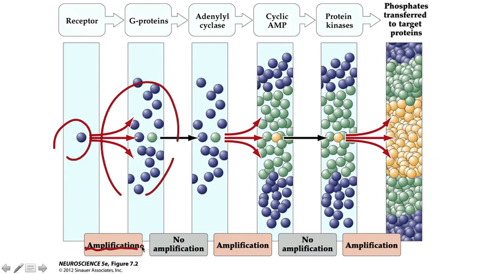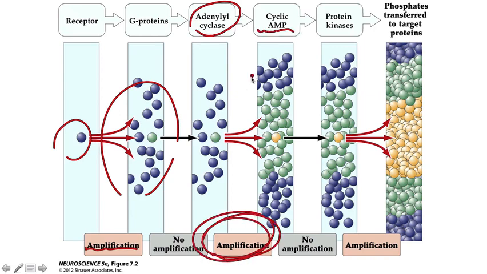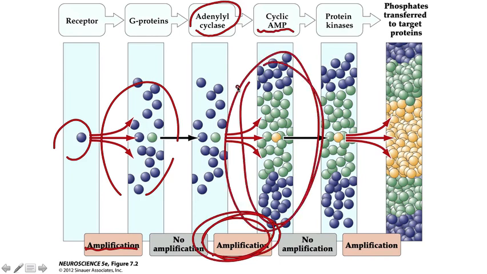Well, in the pathway, for example, following beta-adrenergic receptor activation, these G proteins can activate adenylyl cyclase enzymes, which then produce cyclic AMP. So another significant amplification step happens where a large number of cyclic AMP molecules are derived from the activation of a smaller subset of adenylyl cyclase molecules.